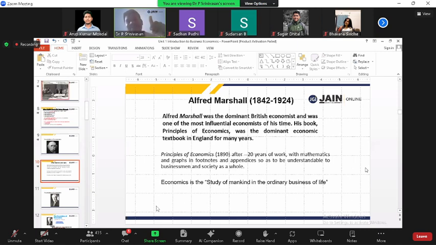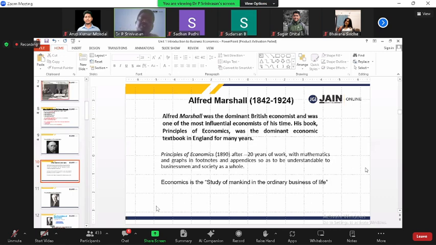He made economics simple by introducing graphs and mathematics in economics, especially in microeconomics. He said economics is not only a study of wealth, it is also a study of the welfare of society.